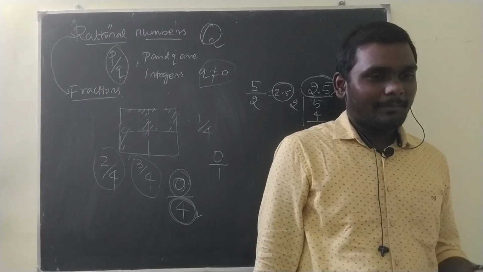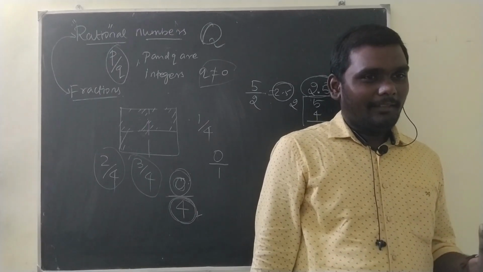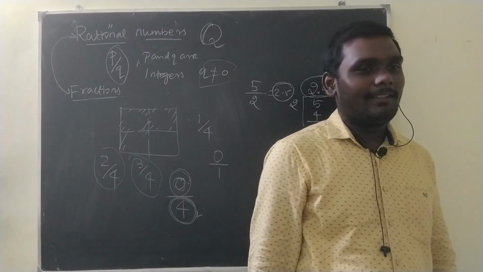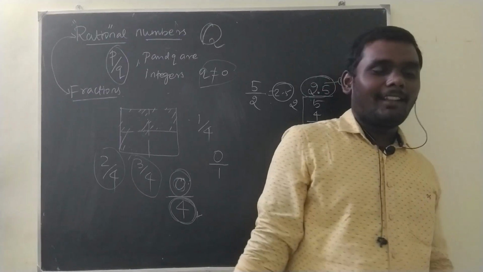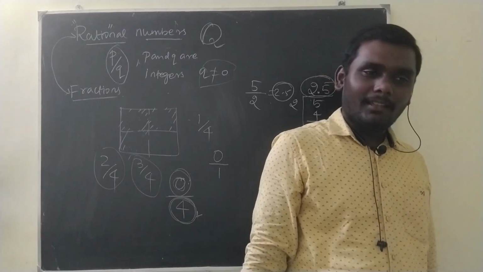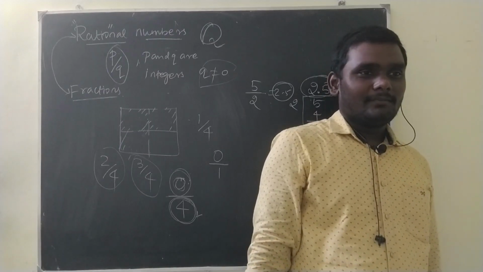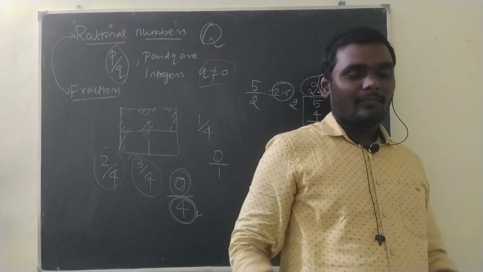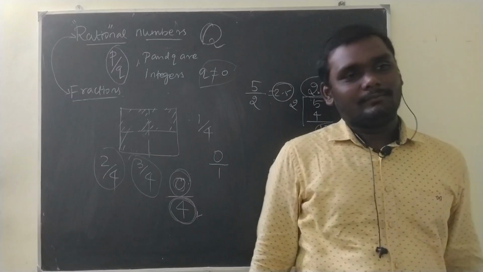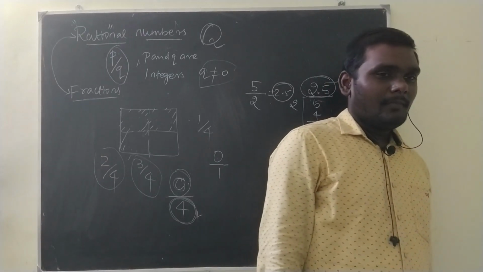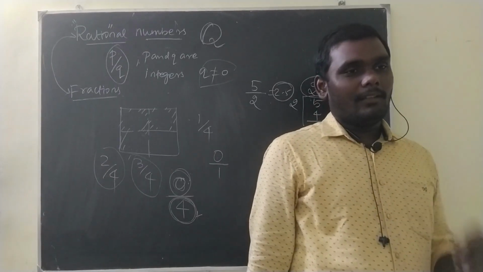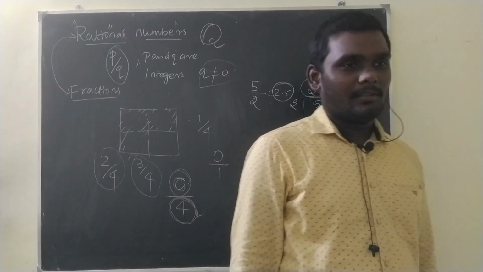Next, whether integers are rational numbers or not. Yes, they are. Whatever the number is, you can write it over 1. So all of these are rational numbers.